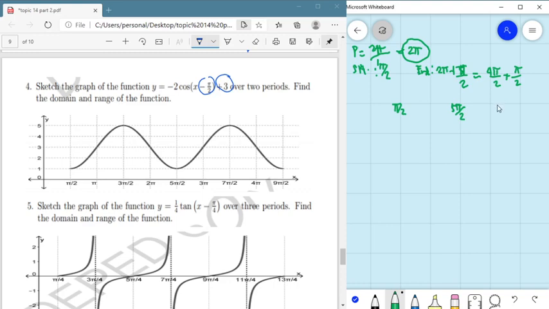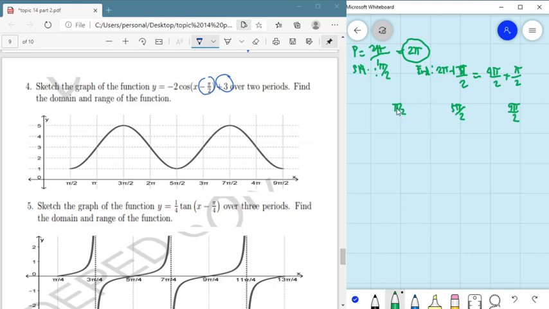So, 4 plus 5, that would be 9 pi over 2. Okay? The 2 pi to add, the numerator needs to be multiplied by 2, so it becomes 4 pi. So, 5 plus 4 is 9. And then, get the numbers in between.